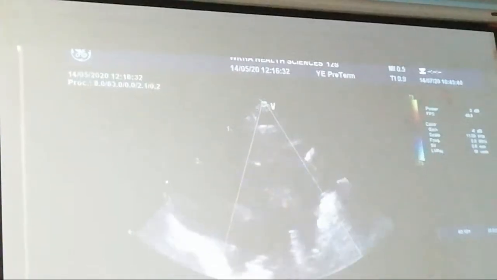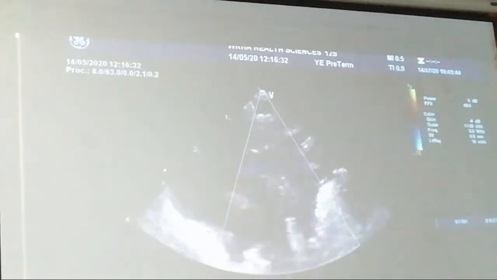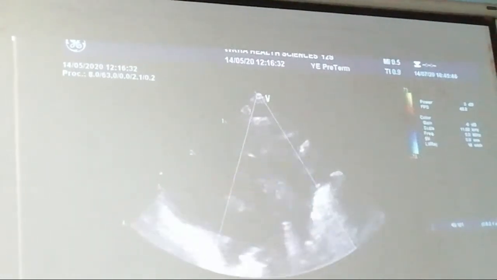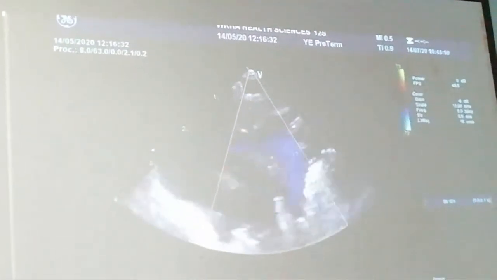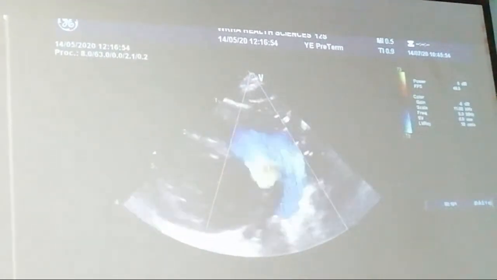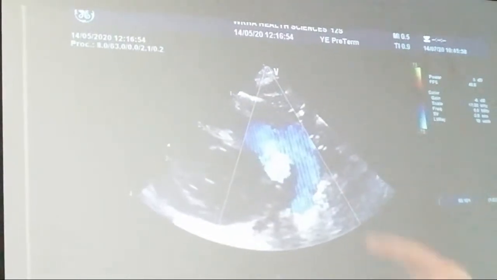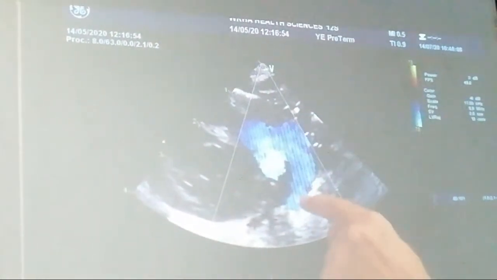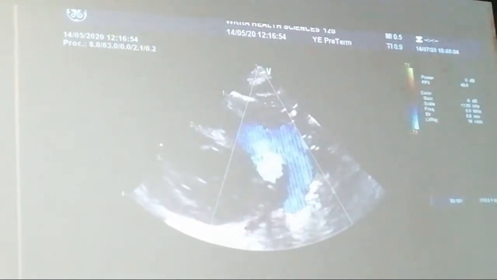And then the last view here, I have the arch of the aorta, and there is no retrograde flow, and probably we can move the probe under the left clavicle to show the ductal cut. In the ductal cut, you can see side by side the descending aorta and the pulmonary artery with the extension of the pulmonary branch.